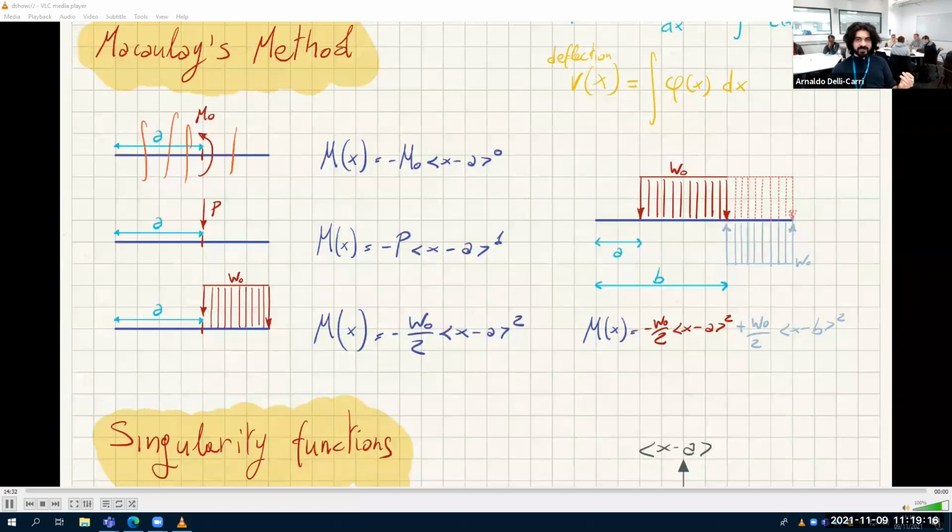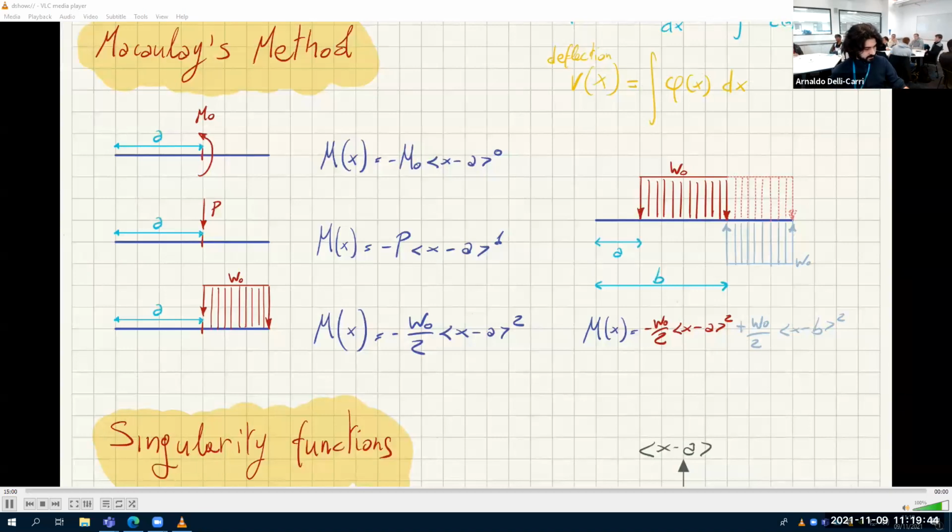So at some point at A, that load started existing. And it's constantly m0, because if I cut and look left, there's always m0. From that point onward, I will always see the same m0. And so we say that this is minus m0, x minus a to the power of 0. Now, to the power of 0 means this is 1. It's just minus m0. It's constant. It's exactly what you would expect.